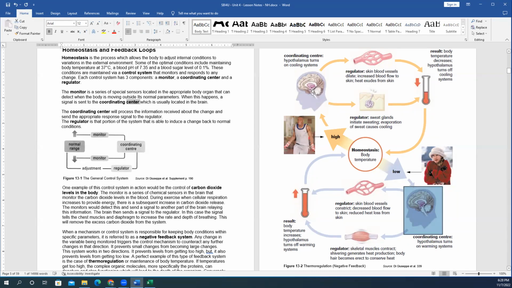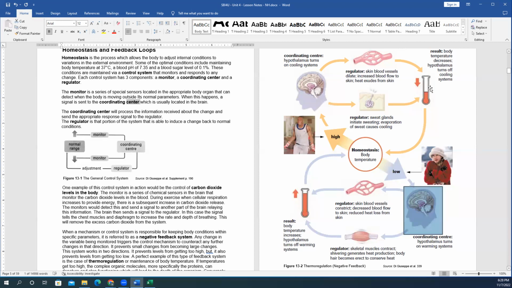Here in this case, it's in the hypothalamus, which turns on the cooling system. So it sends a signal to the regulators, which are the blood vessels in the skin, those surface capillaries, to dilate and to increase blood flow through the skin, to help exchange heat from the skin to the outside, to the environment. And by doing so, the result is that the body temperature will decrease and come back down.